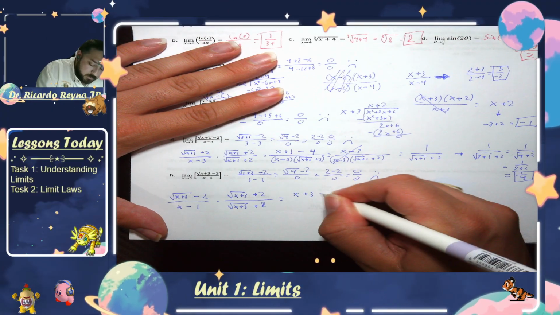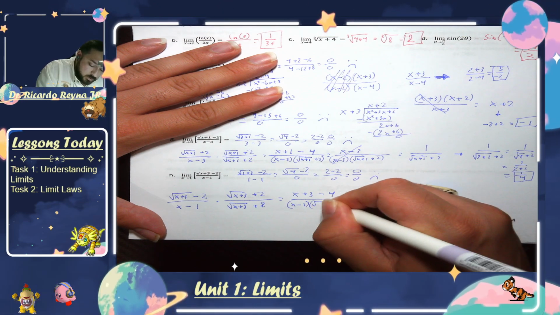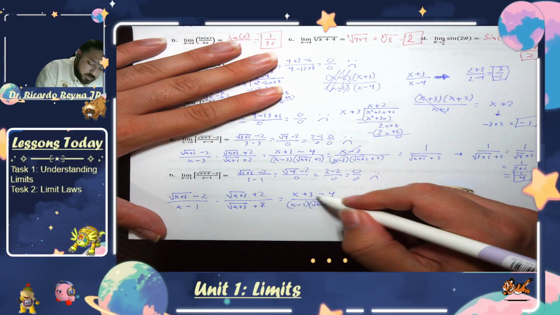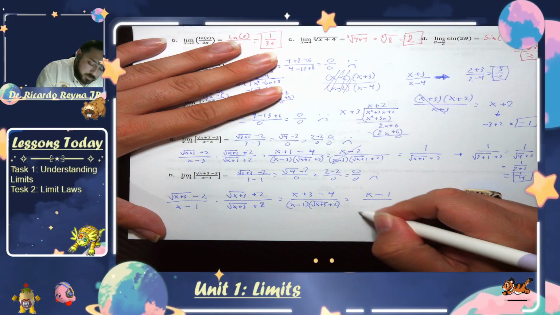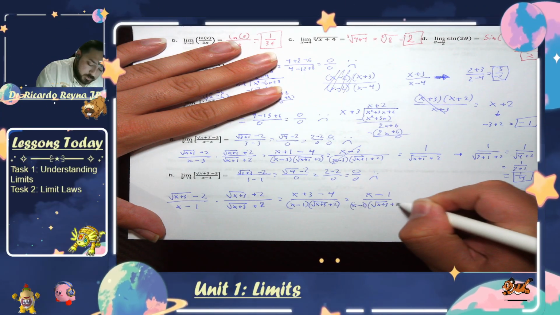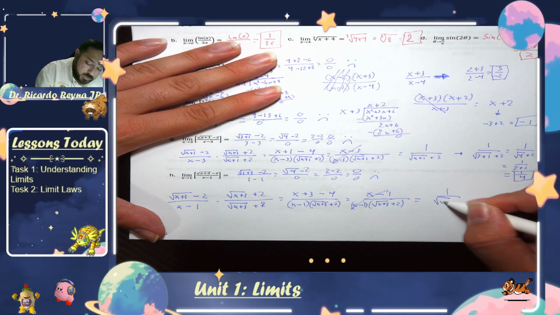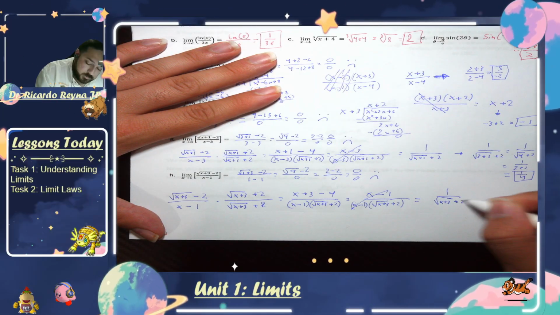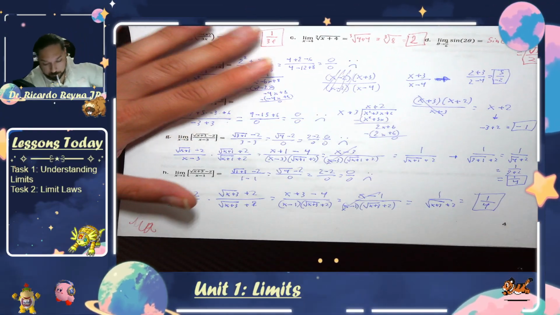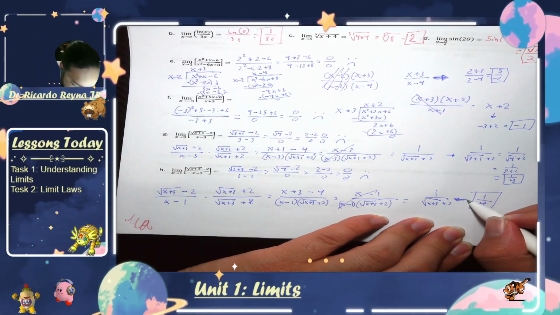We get x plus 3 minus 4 over x minus 1 times the square root of x plus 3 plus 2. The top part just becomes x minus 1, over x minus 1 times the square root of x plus 3 plus 2. And that's going to be 1 over the square root of x plus 3 plus 2. That's 1 over 4. Or no, it doesn't equal 1 over 4. I'm going to do an arrow because that's not the same thing.